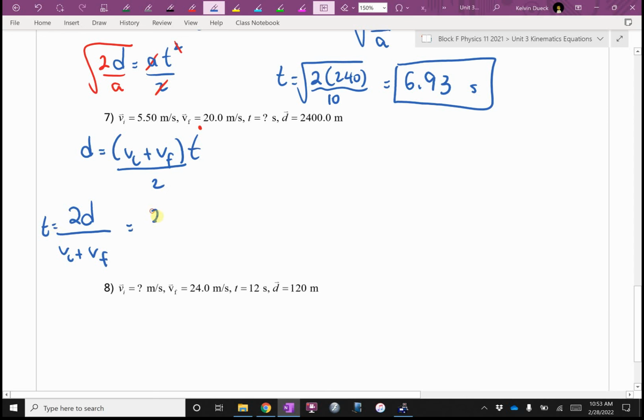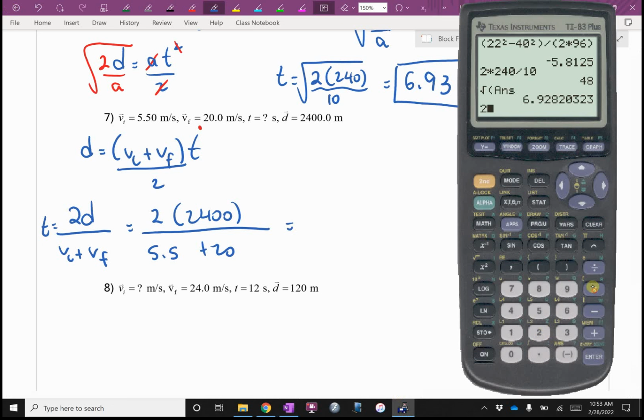It's going to be 2 times 2400 divided by 5.5 plus 20. It's going to be 2 times 24, oh, brackets around the top, divided by brackets around the bottom.